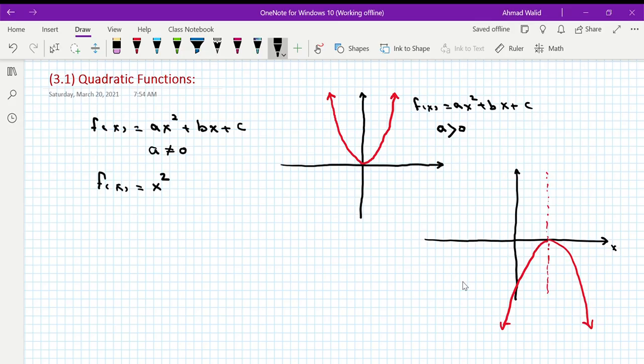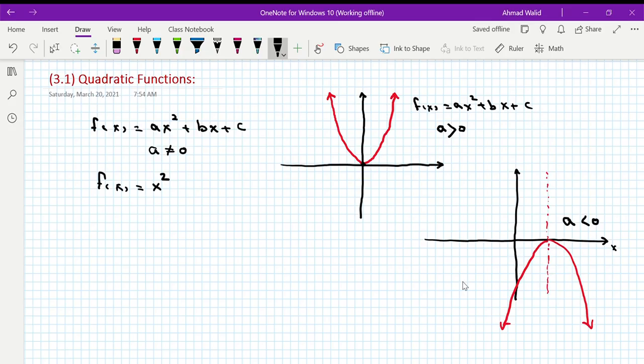Your a, which is the coefficient of x squared in simple language, if it's a positive number, the graph always opens upward. And if a is less than 0, it means the coefficient of x squared is a negative number, and in this case, your parabola opens downward. Correct?